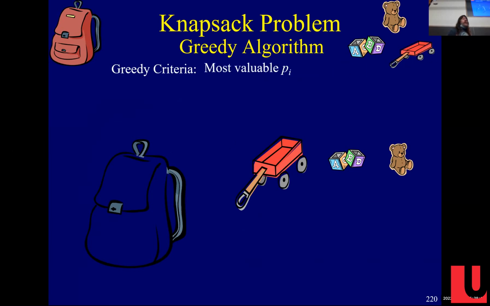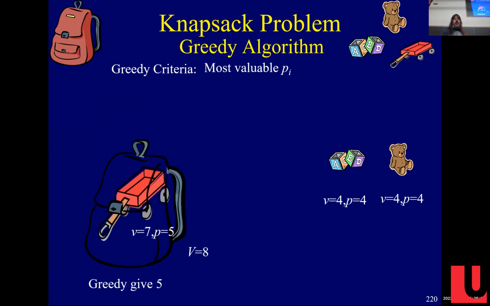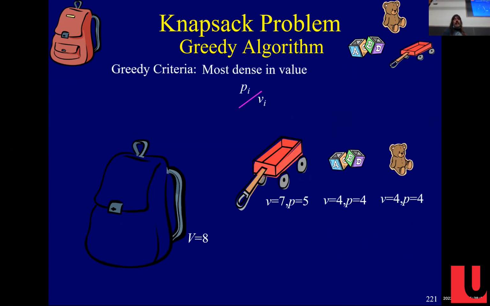Now we're doing the greedy criteria. Just the greedy to make sure that you've seen this already, but as a review, you can take the most valuable thing, right? But the problem is you should have taken the two objects, right? You could take the most dense.